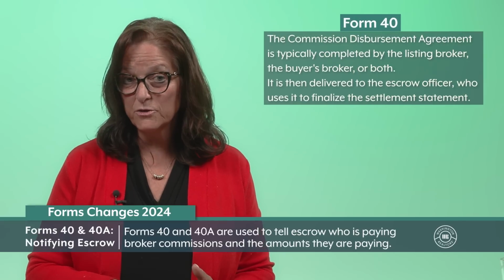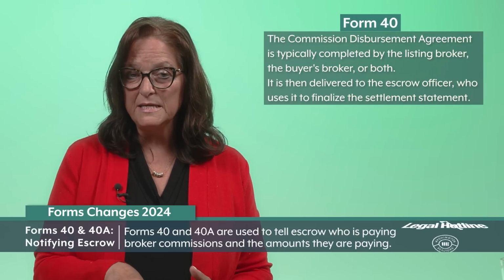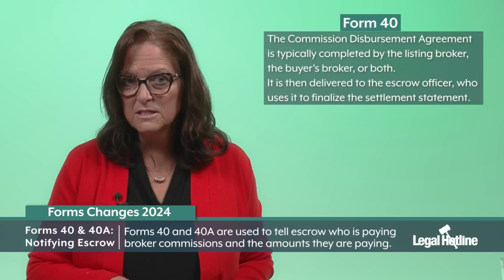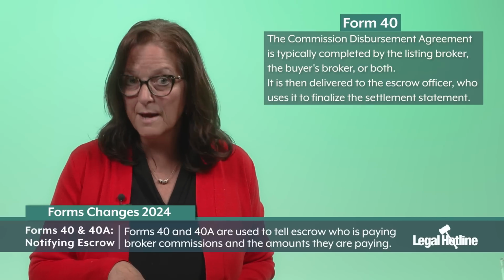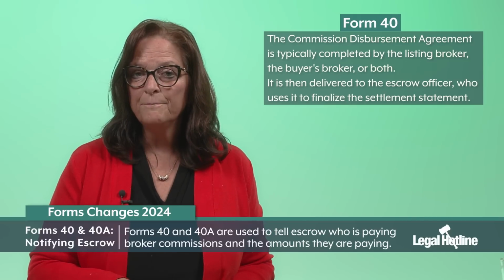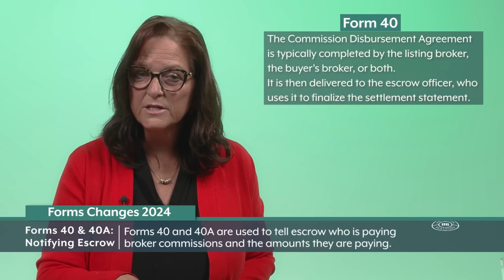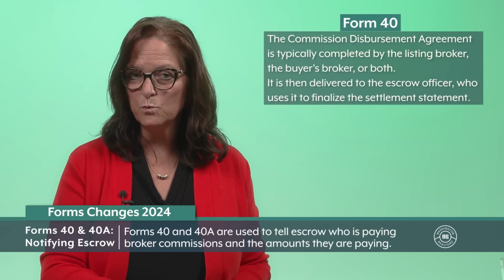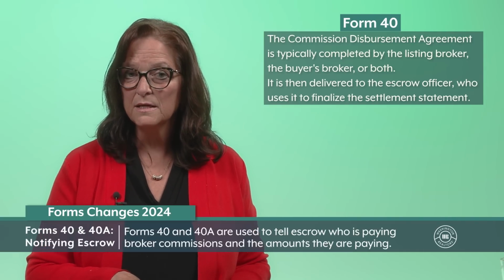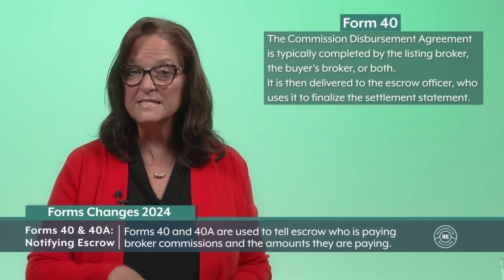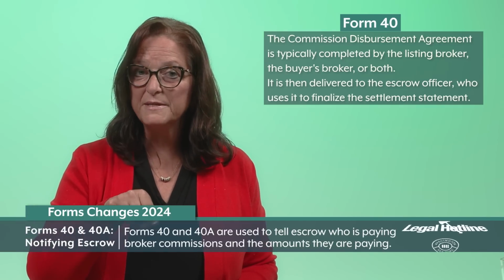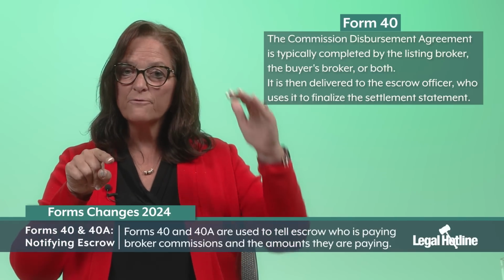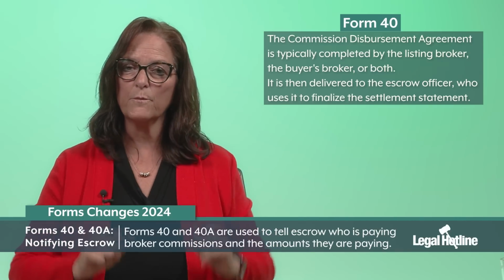Form 40, also known as a Commission Disbursement Agreement, gets completed typically by the listing broker, sometimes by the buyer broker, sometimes by both, and gets delivered to the escrow officer, who then takes that information when completing the settlement statement to put funds in seller's columns, funds that will be taken from seller's proceeds, for payment to the listing firm and to the buyer broker firm.